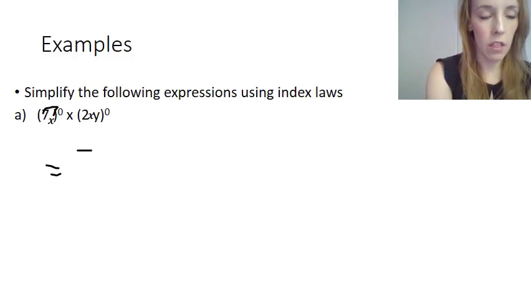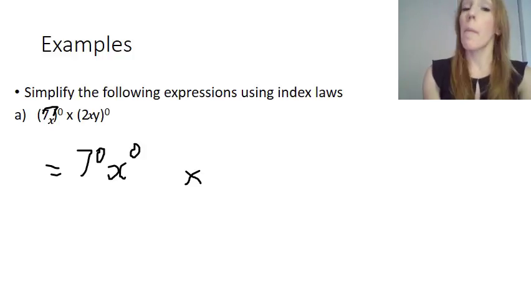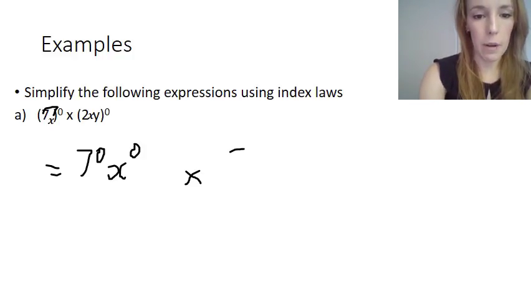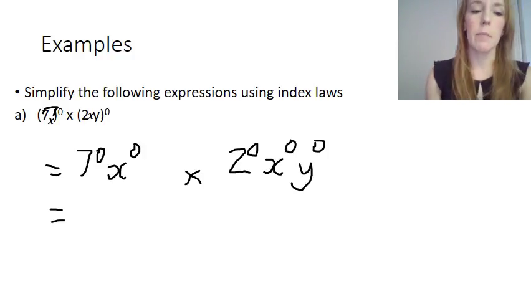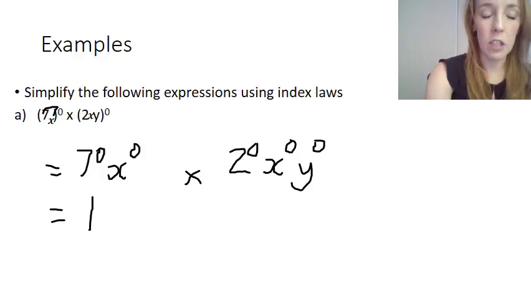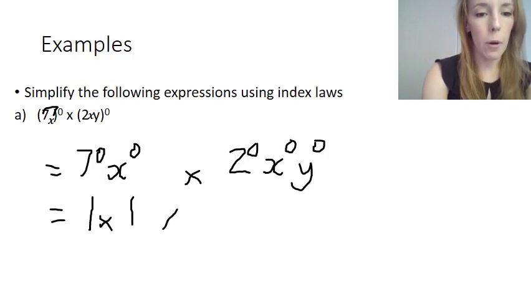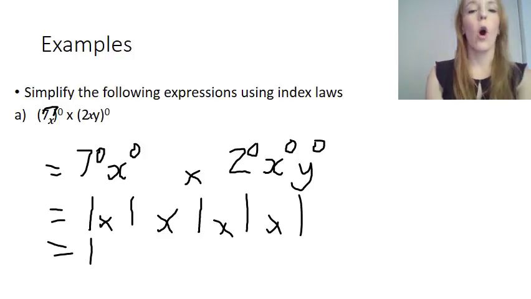That will leave us with 7 to the power of 0 multiplied by x to the power of 0, multiplied by, and we can expand the next one as well, 2 to the power of 0 multiplied by x to the power of 0 multiplied by y to the power of 0. And from there we can simplify. We know anything to the power of 0 equals 1. So 7 to the power of 0 is 1, x to the power of 0 is 1, 2 to the power of 0 is 1, x to the power of 0 is 1, y to the power of 0 is 1, giving us an answer of 1.